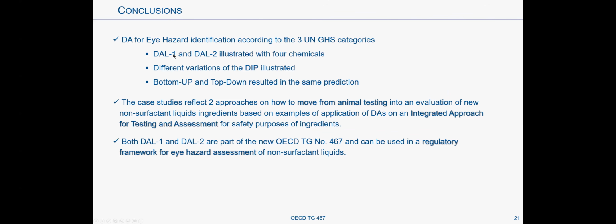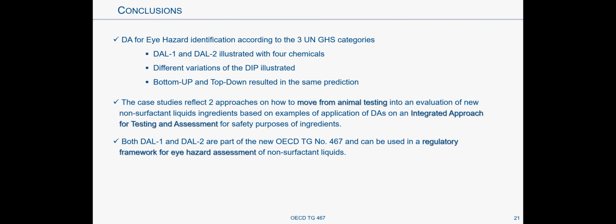So I come to the conclusions. We have illustrated the applicability, the use of DA1 and DA2 with four chemicals. We also showed different variations of the DA that resulted in the same prediction. Also, whether you start with the bottom-up or the top-down, the result was the same. So we came to the same prediction.